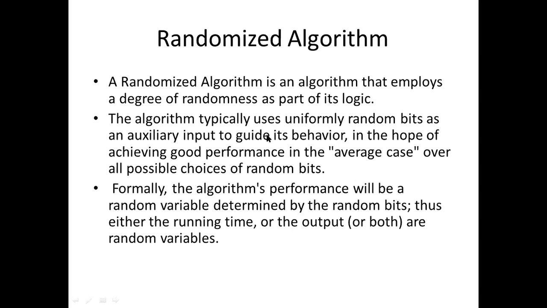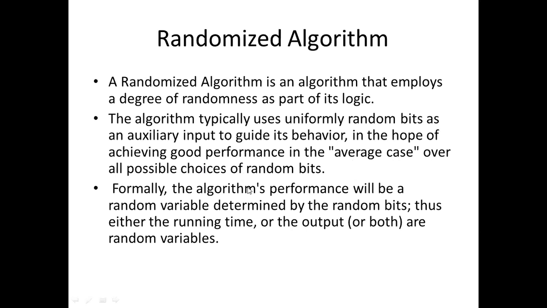The algorithm typically uses uniformly random bits as an auxiliary input to guide its behavior, in the hope of achieving good performance in the average case over all possible choices of random bits.